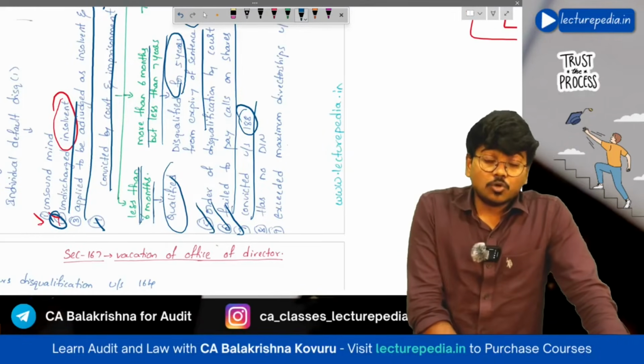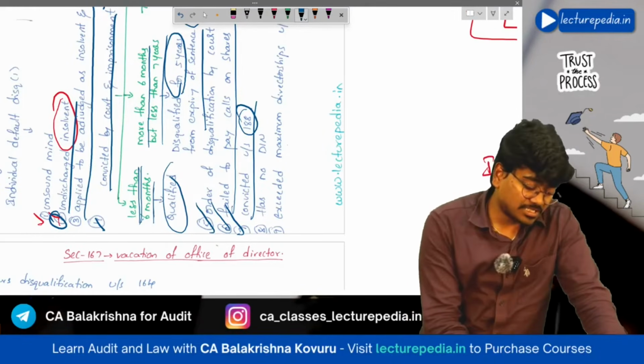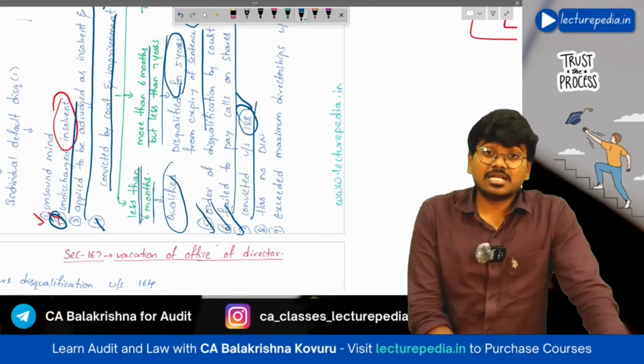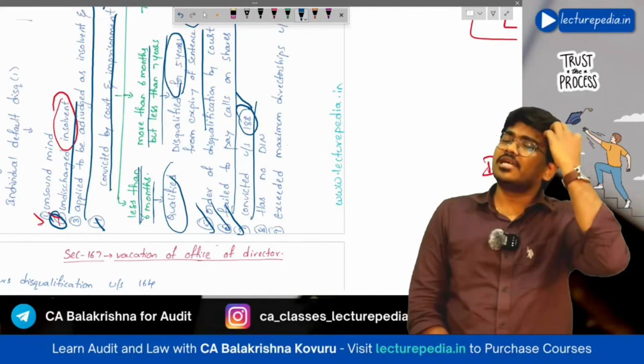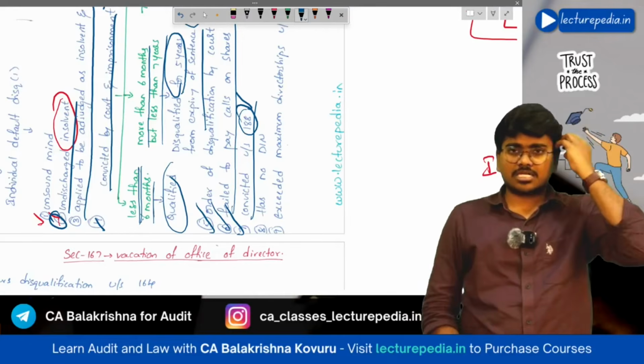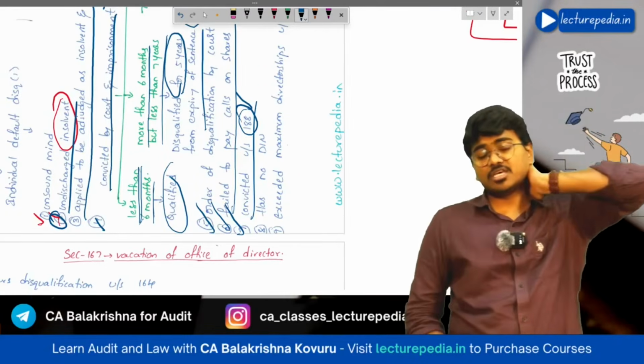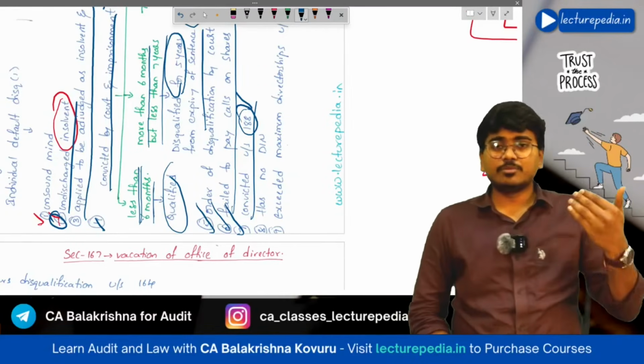So if the person contravenes section 188, then he will be disqualified to be appointed as a director. We will discuss this section in detail in the third chapter. As of now you just remember that if he contravenes section 188, he will be disqualified to be appointed as a director.